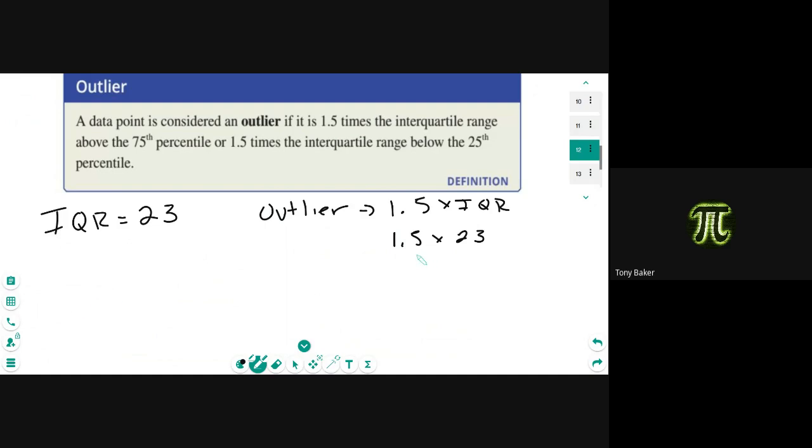So we get 34.5, and we always round up, so that's 35. So that means my number has to be 35 above the 75th percentile or 35 below the 25th percentile.